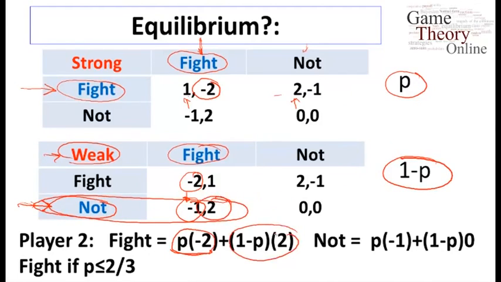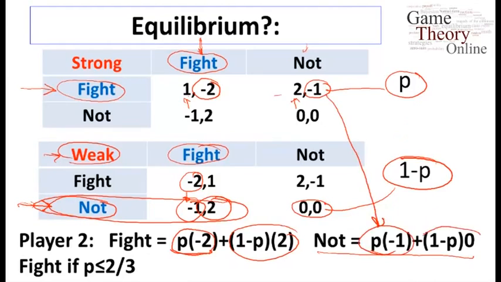If they don't fight, what's happening? Up here, they're facing a fighting strong player, and down here, they're facing a not fighting weak player. So they're getting p times the minus 1 and 1 minus p times the 0. Again, we set these two things equal to each other.